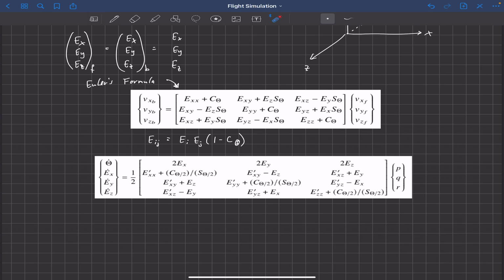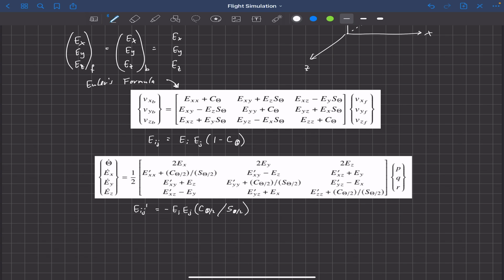And again, we're using some shorthand here that I'll fill in. So we've got these EXX, and there's a prime here, and that's just to denote that it's different than these up here. So EIJ prime is defined as minus EI EJ cosine of theta over 2 divided by sine of theta over 2.